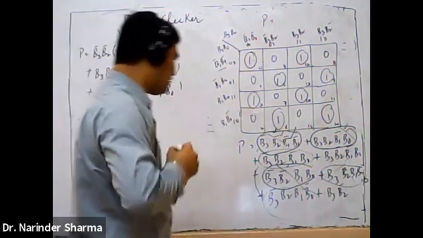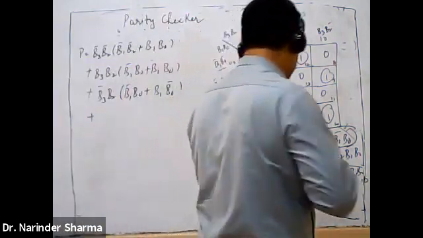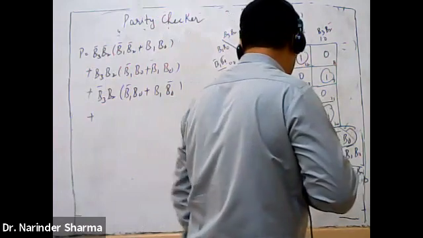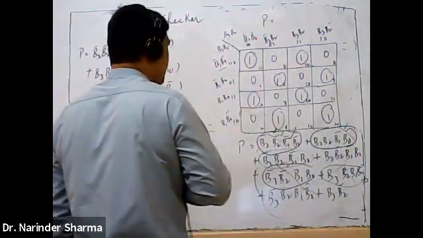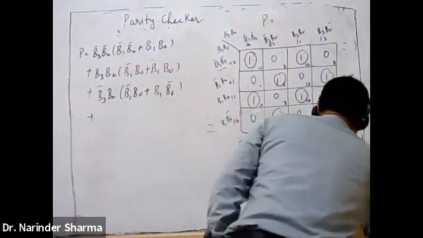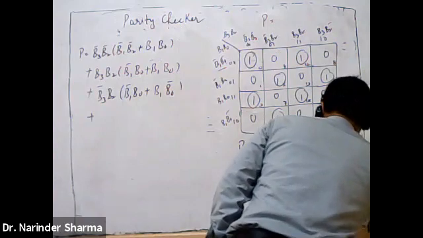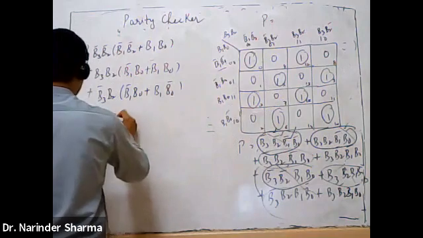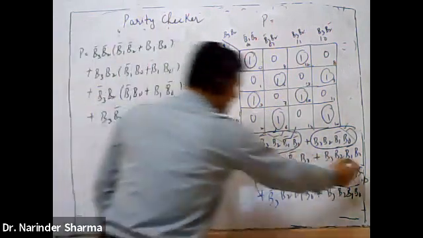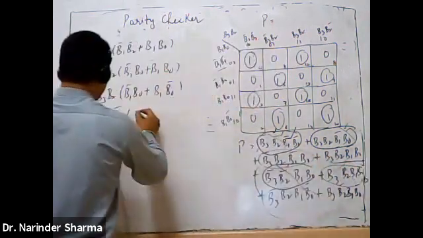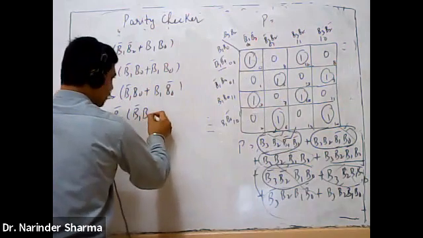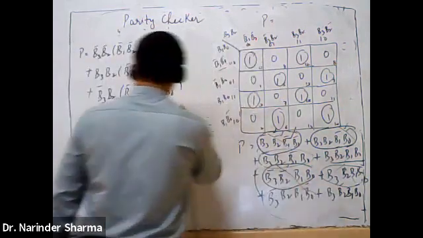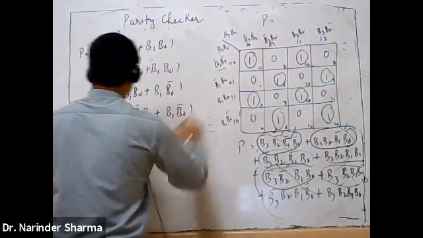Which one is in the left? B3, B2 bar. B3, B2 bar plus B3, B2 bar. Here you will get B1 bar, B0 plus B1, B0 bar.